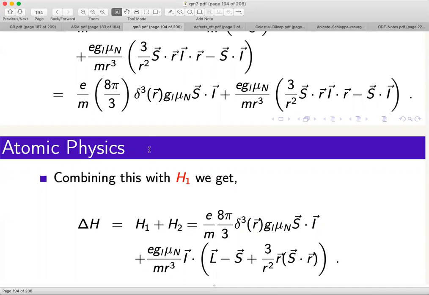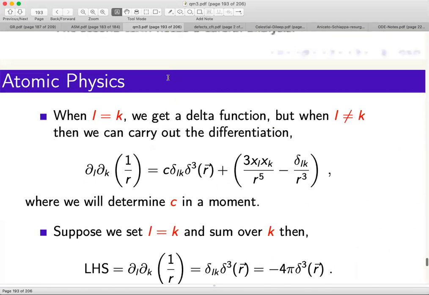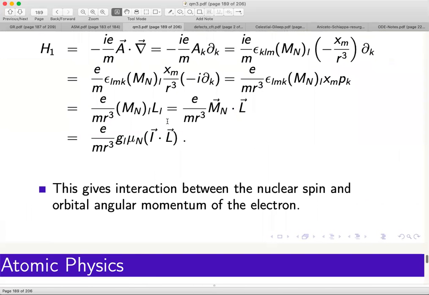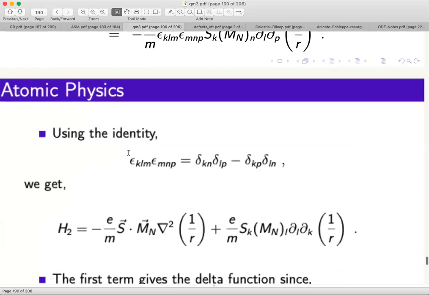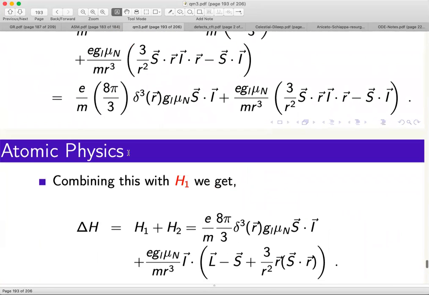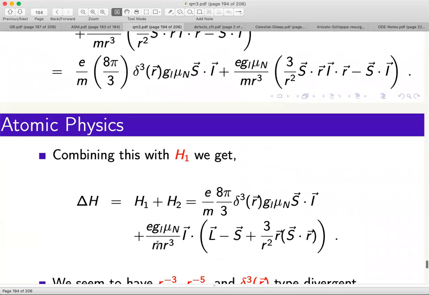H1 contained a term which is I dot L. Let's scroll back and see it again. It was an I dot L piece, e upon m r cube, g_l mu_n. If you go down and see, e upon m r cube times g_l mu_n is a factor common to both the terms.